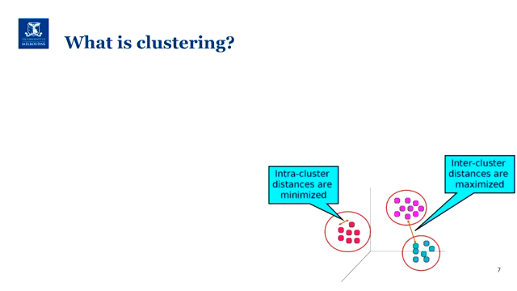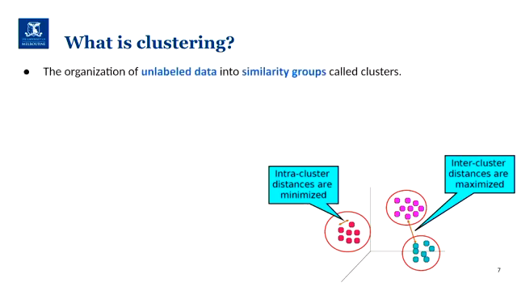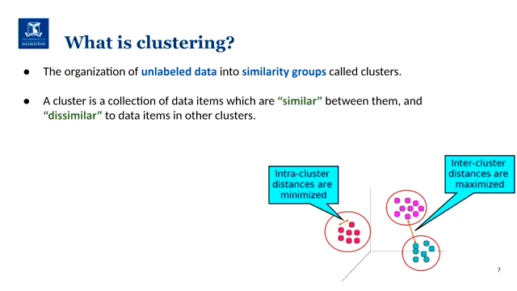And clustering, in terms of unsupervised learning, is basically the organization of unlabeled data into similarity groups. And we call these groups clusters. And basically, a cluster will be a collection of data items which are similar to each other and dissimilar to data items in other clusters.